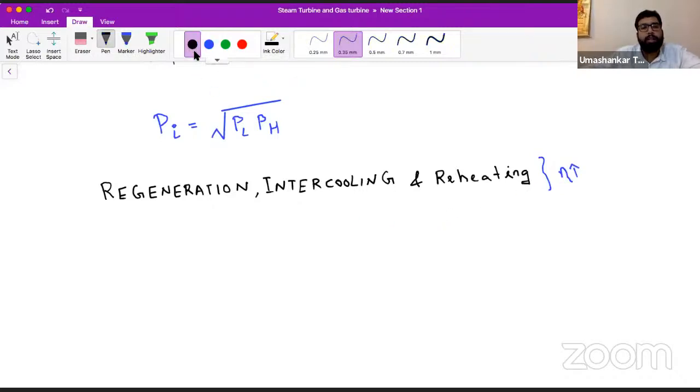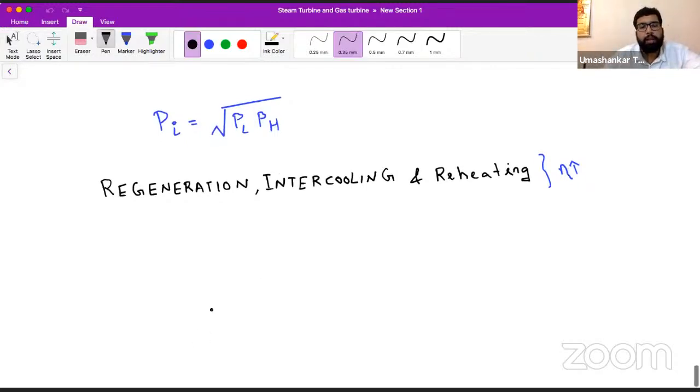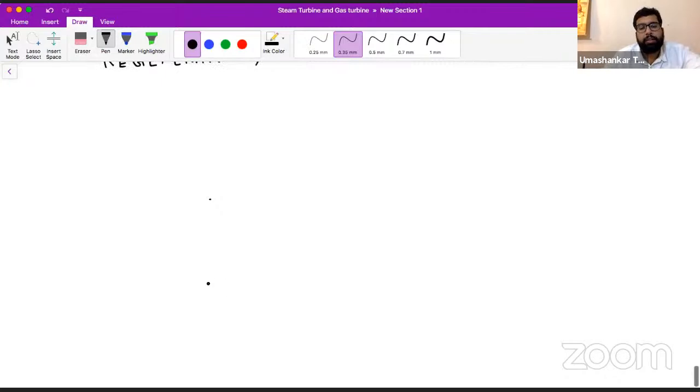So now let us make the combined gas turbine cycle with regeneration, reheater, and intercooler. Let's try to understand the arrangement. As the intercooler is there, we will have two compressors. Let's say C1. Our air enters C1 and goes into the intercooler.